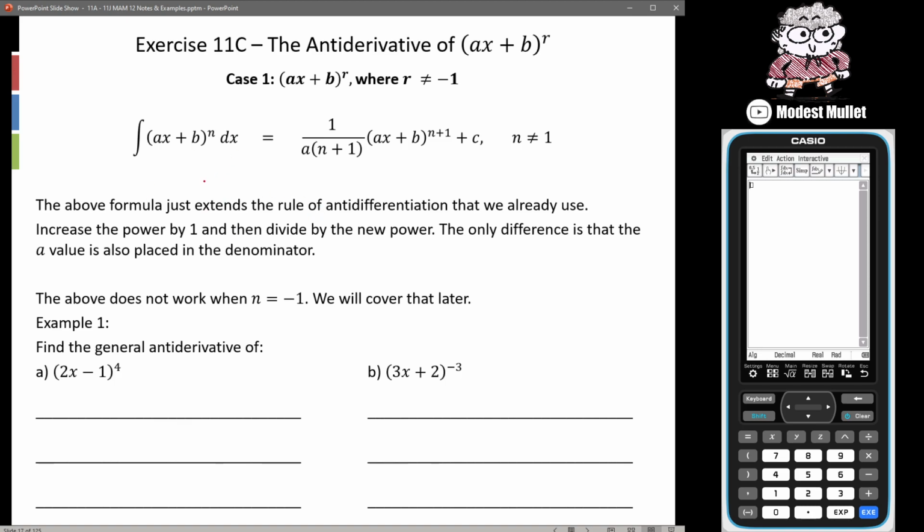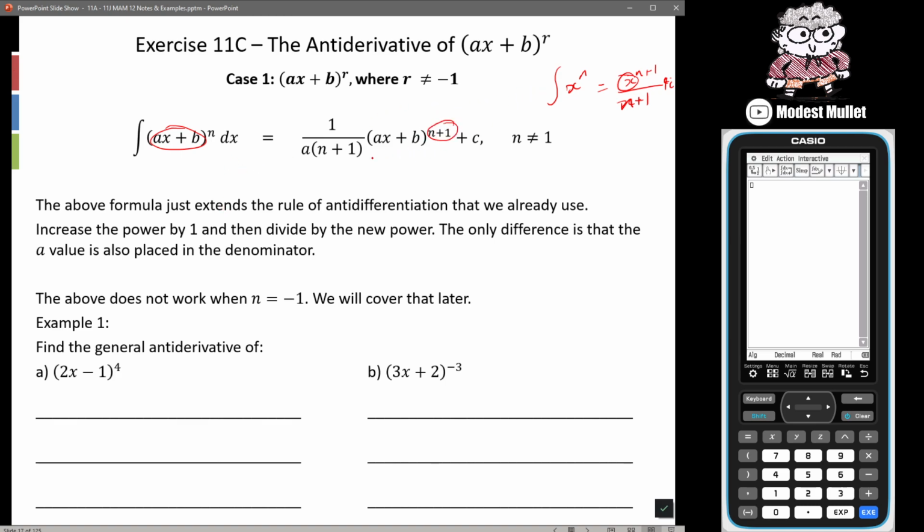As it says here, this formula just extends the rule of anti-differentiation. We started with x to the n, integrated that, so we added 1 to the power and divided by the new power, getting x to the n plus 1 divided by n plus 1, and then a plus c on the end. Now we're expanding this, where x is now a linear subfunction, which still applies the same thing.